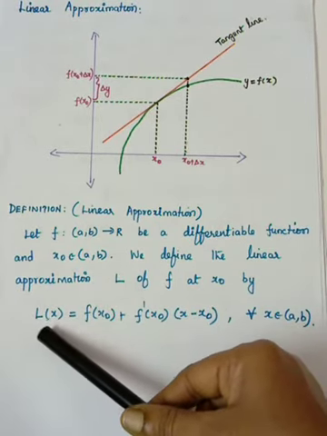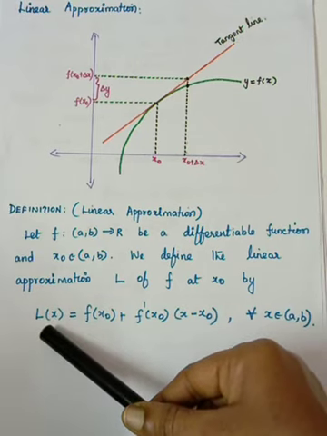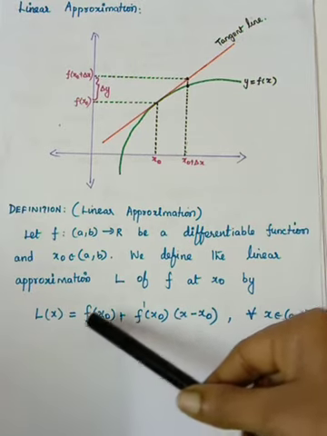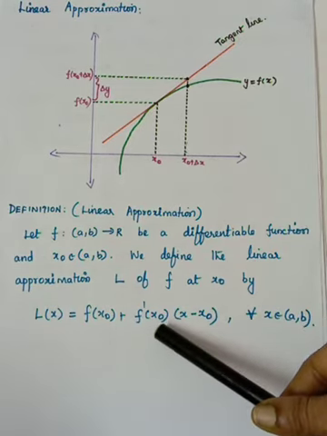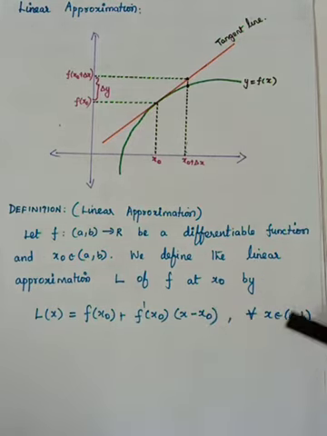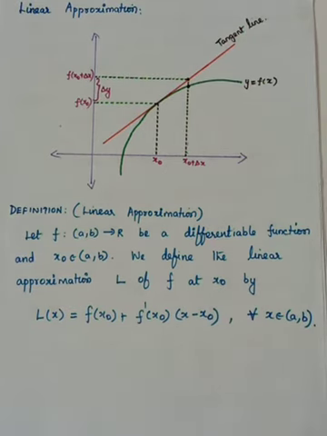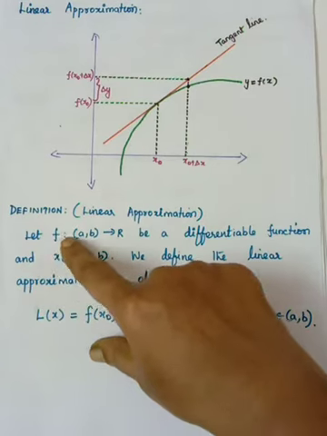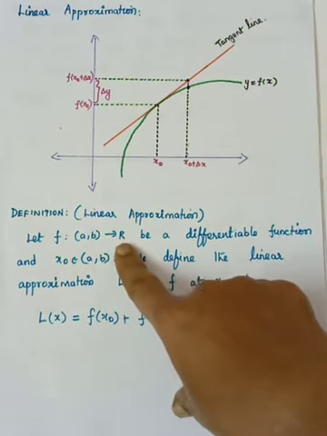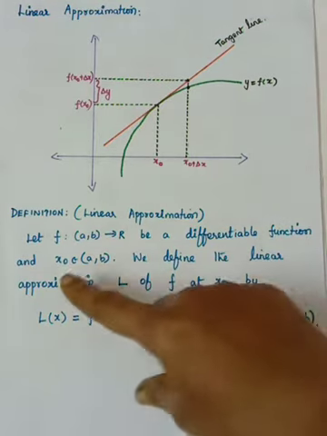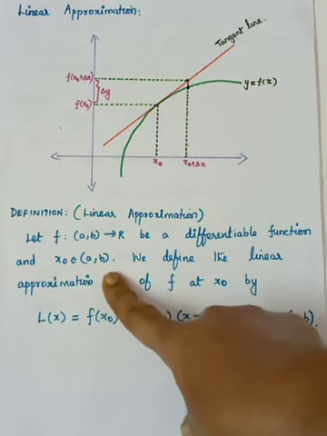So the approximated value of the function at x naught is f of x naught plus f dash of x naught into x minus x naught, for all x belonging to the open interval a comma b. The definition of linear approximation is given as: let f be a differentiable function from the open interval a comma b to R, and x naught belong to a comma b.